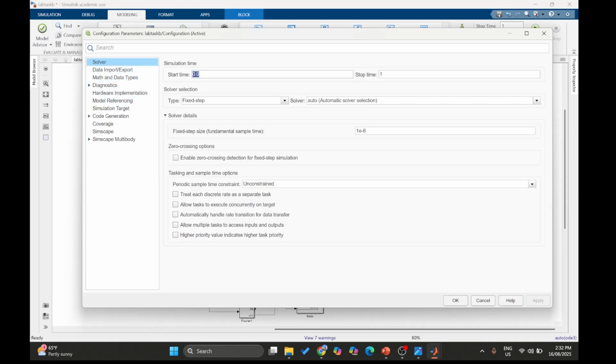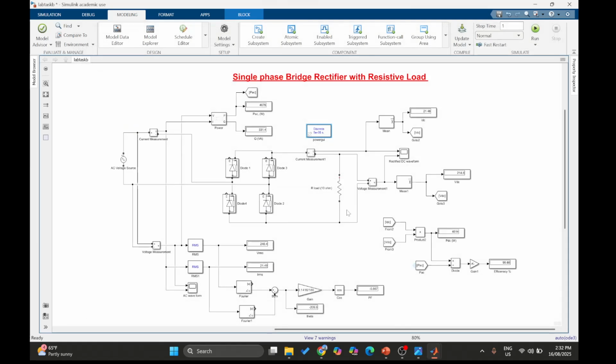I'm going to keep my start time 0, then stop time 1, then change the solver selection type to fixed type, then the fixed step size will be this much value, and apply.